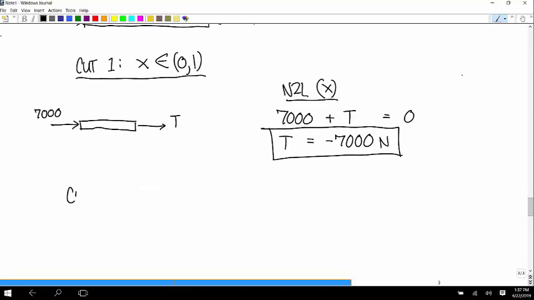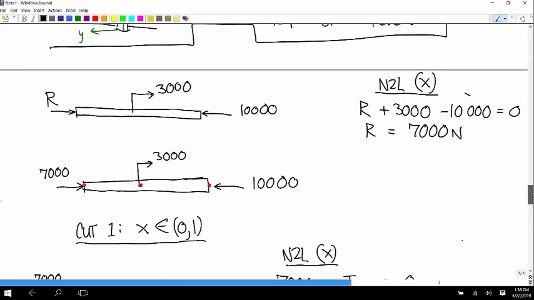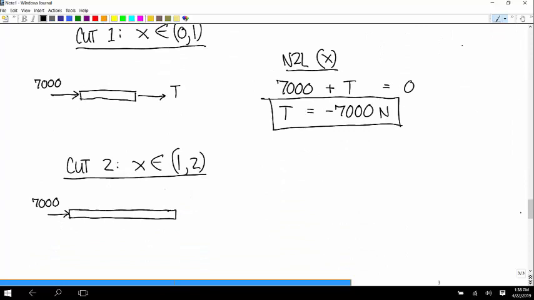And now we'll do cut 2. This is for X values between 1 and 2. So this time we have the 7,000 on the left end. We also have the 3,000 going this way.